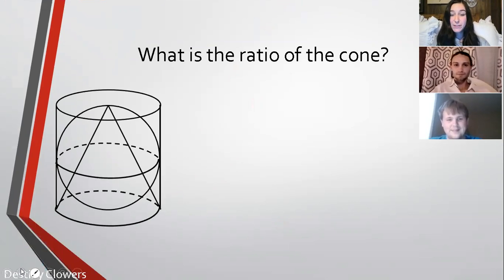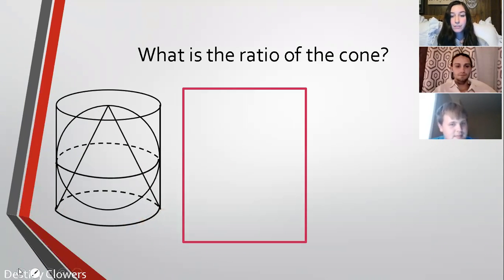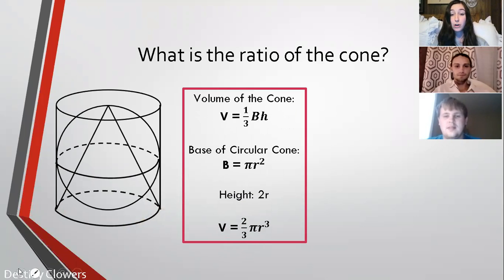So this is a figure we were given in our homework last week, and you can see the cone right here. Now, to find the ratio of the cone, we first have to have the volume of the cone. These are the formulas to find the volume of the cone. The first one is the general volume of the cone formula: volume equals 1/3 times base times height.